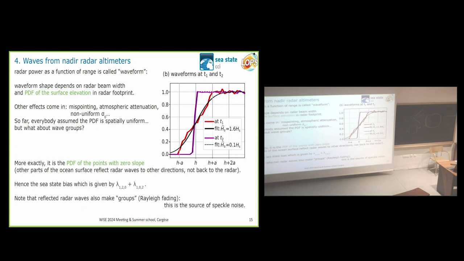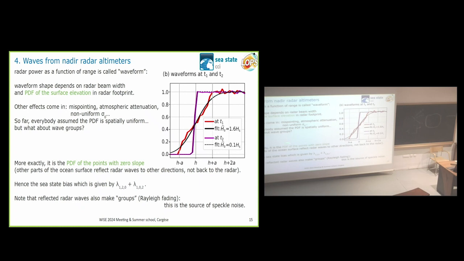And you see that in that case, you get something like 1.6 times the wave height. In that case, you get 0.1 times the wave height, the significant wave height. So this h hat, which is what you're getting from fitting a waveform to the measurement, is not quite the significant wave height, which I think it should be, but it's some kind of local wave height at the scale of the groups when you have these kind of groups.